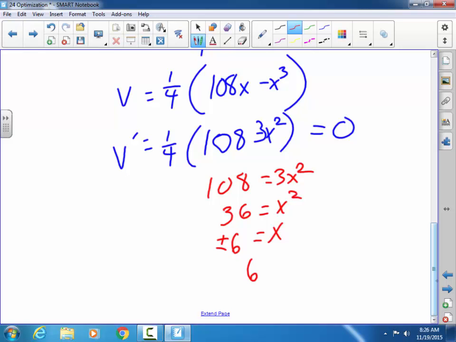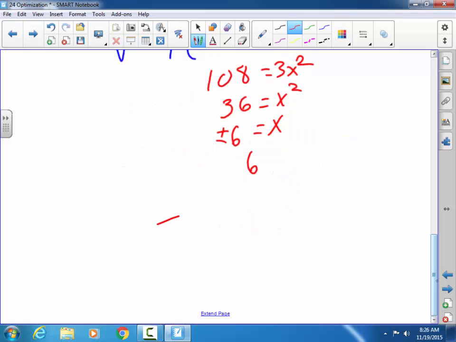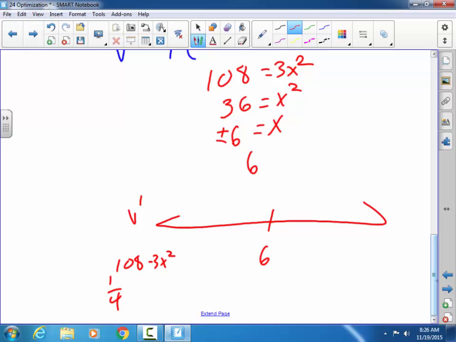Do we need to test to be sure whether it's a max or a min? You can. Most of the time in these problems, we're not going to ask you to justify it, but you're more than welcome to do a sign line and determine whether or not it is a max or a min. So it's a 6. Our factors were 1/4 and 108 minus 3x squared.